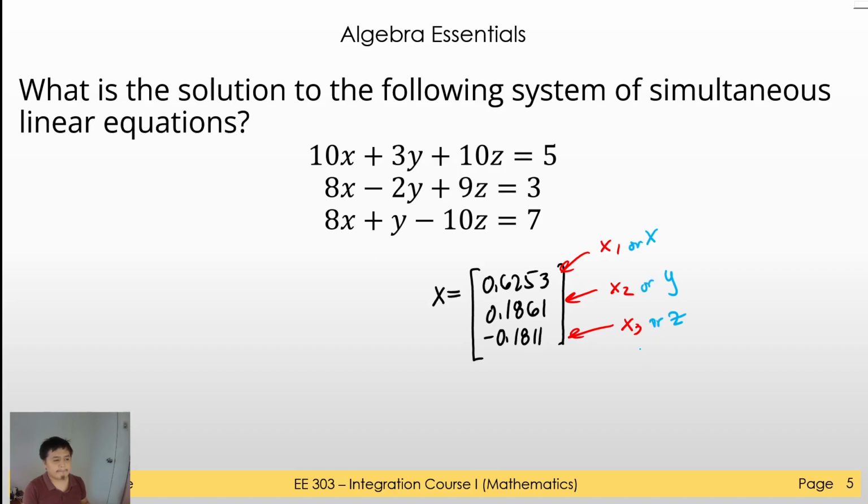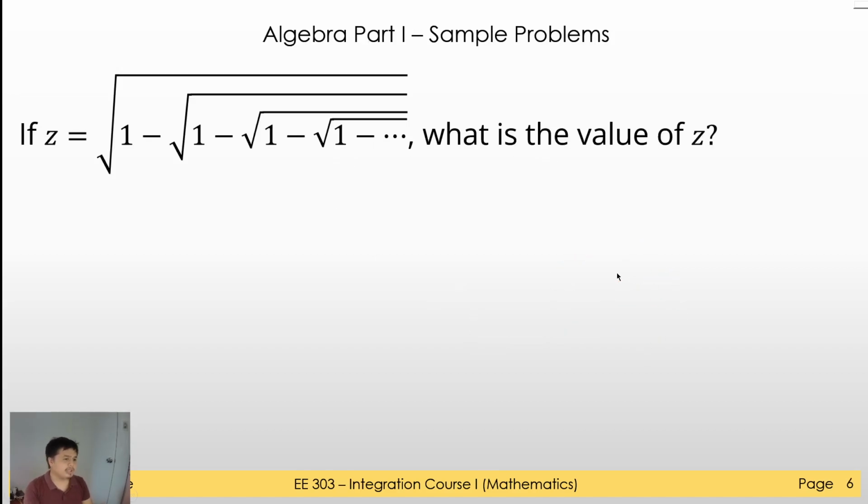Okay, so moving on, we have another problem here. Find z when z is equal to square root of 1 minus square root of 1 minus square root of 1 and so on. To solve this, since this is a nested function, we can rewrite this one as z is equal to square root of 1 minus z.